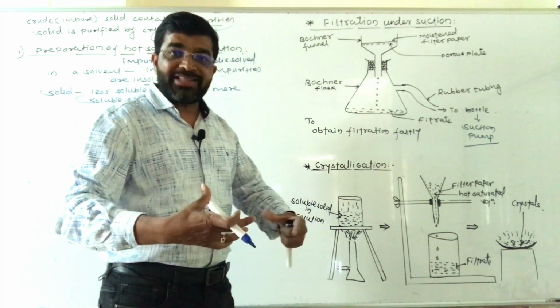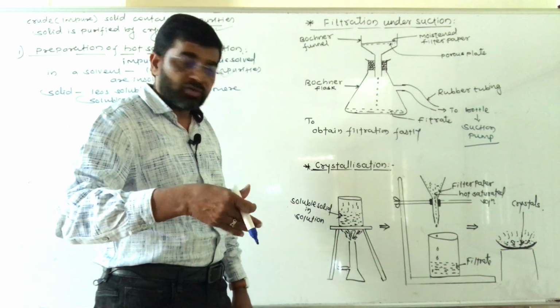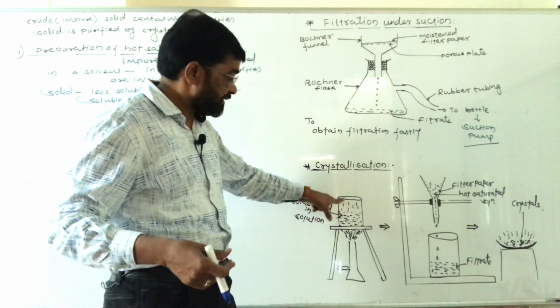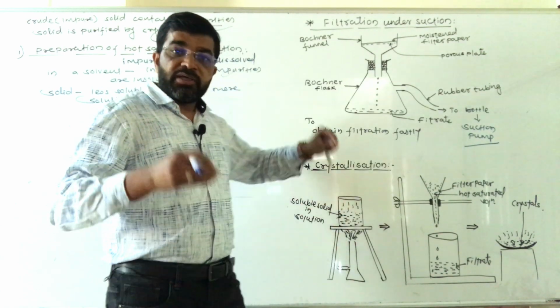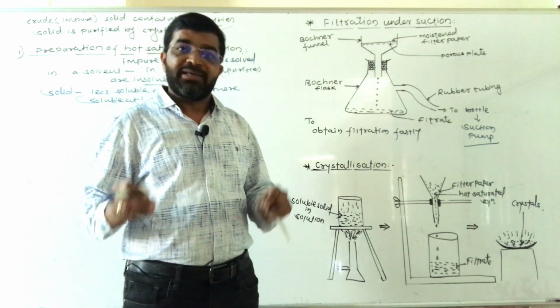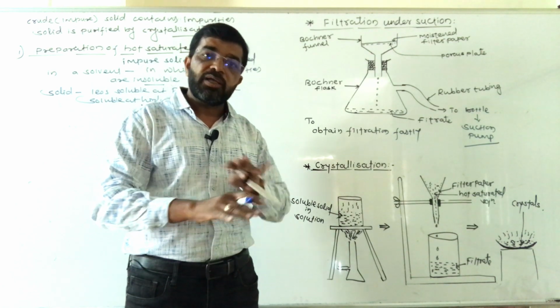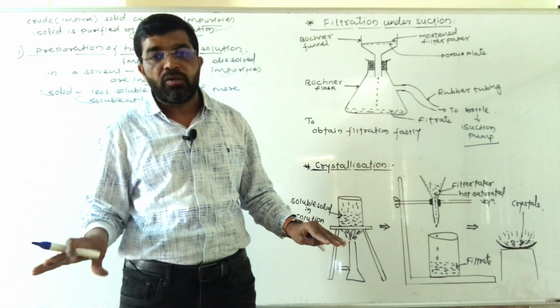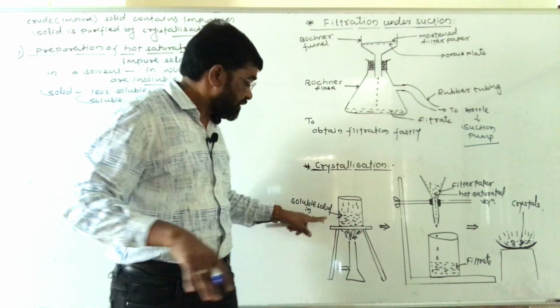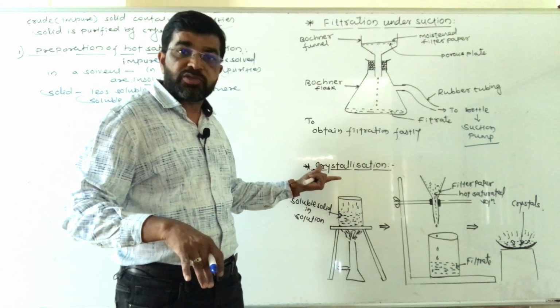We dissolve that solid in the solvent by heating so that the hot saturated solution is prepared. This is the first step. In this solvent, impurities are not soluble. The solid is less soluble at room temperature and more soluble at high temperature.